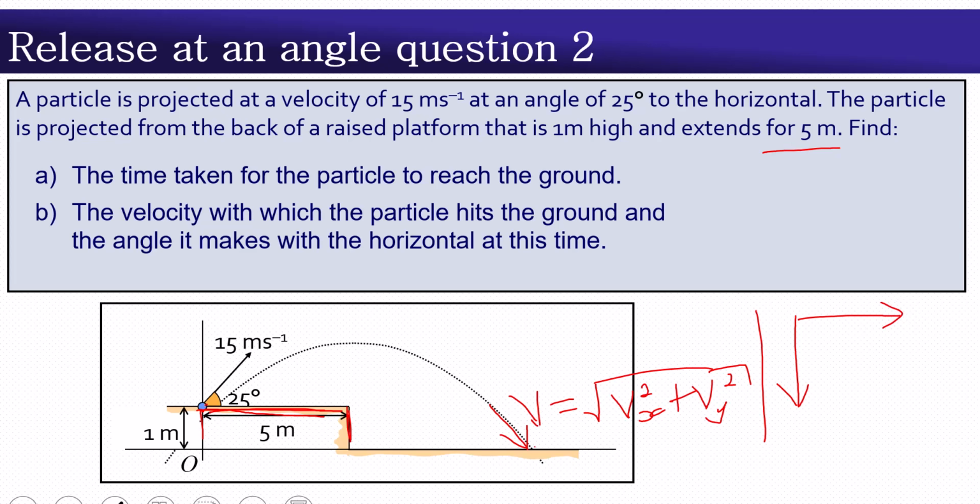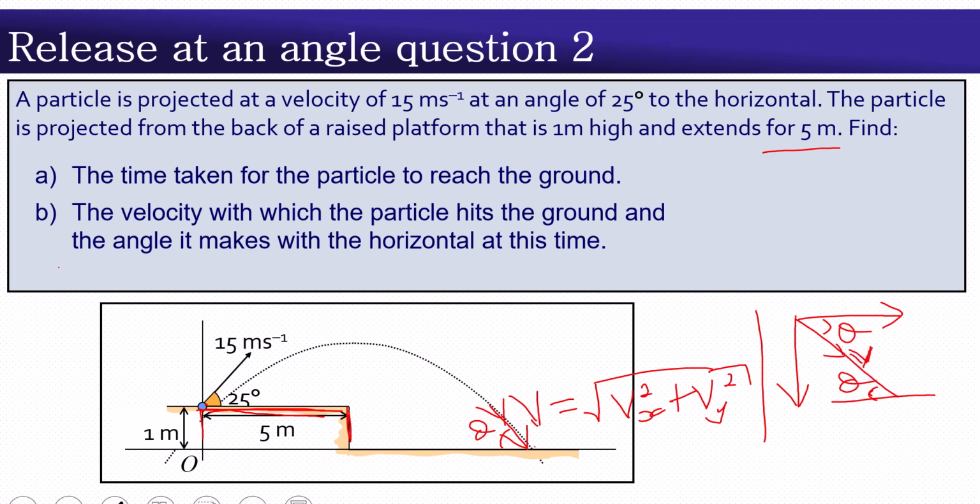So the angle will be this angle here, theta, to the horizontal, as this will be the resultant velocity. So we need this angle and we need this velocity. That is for part B.